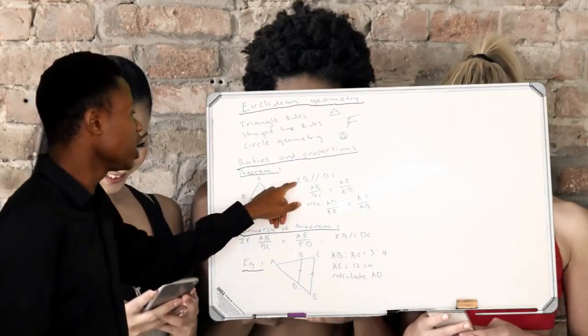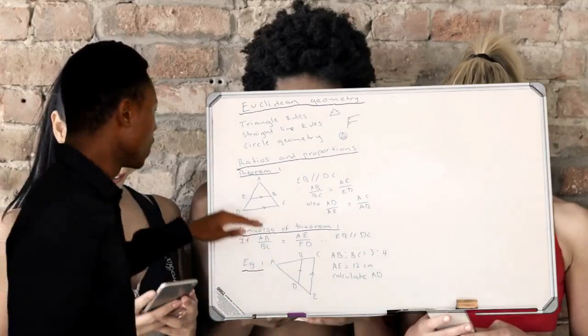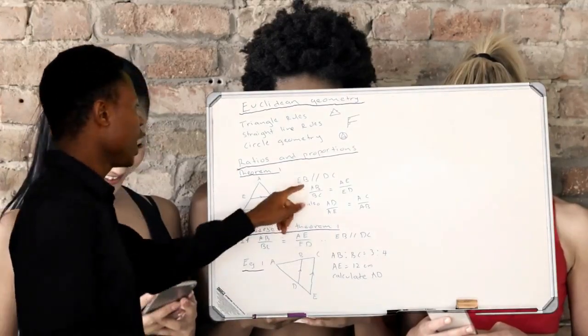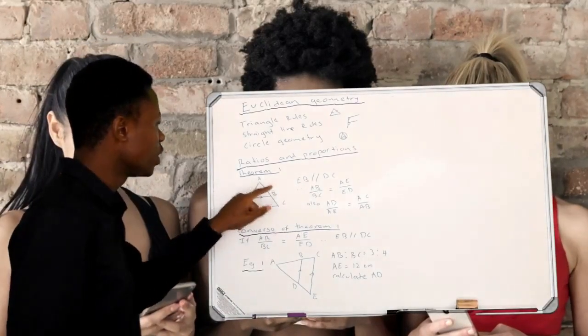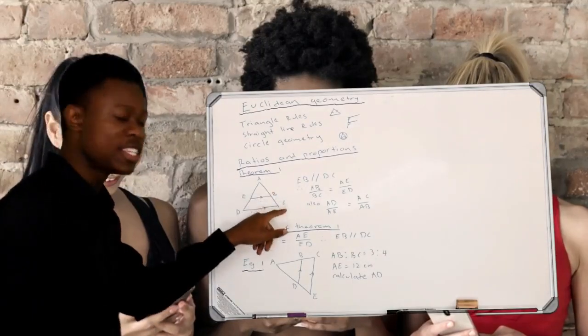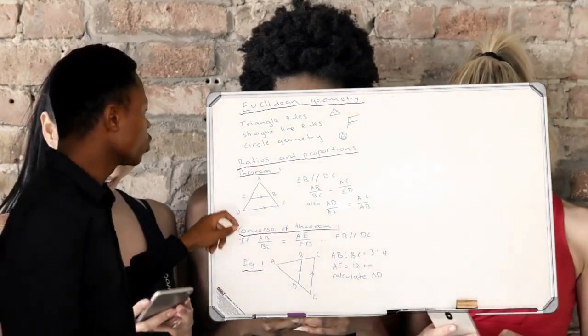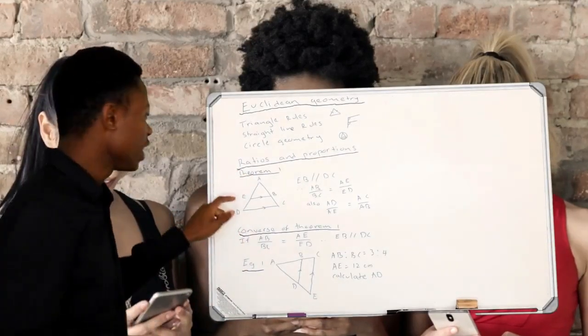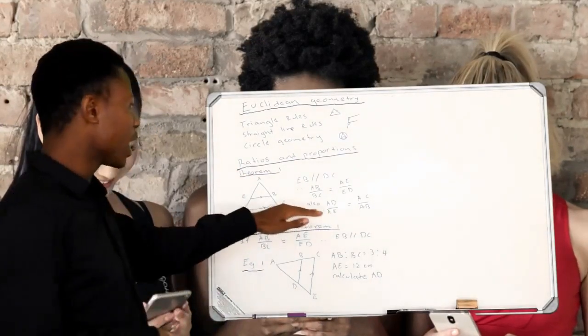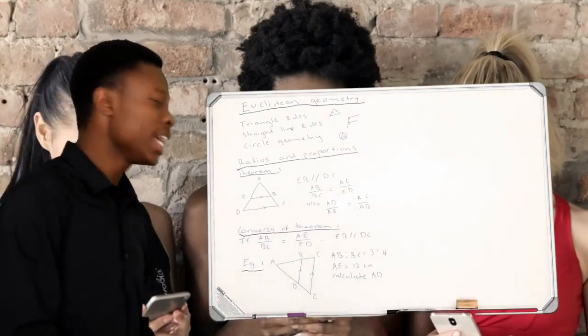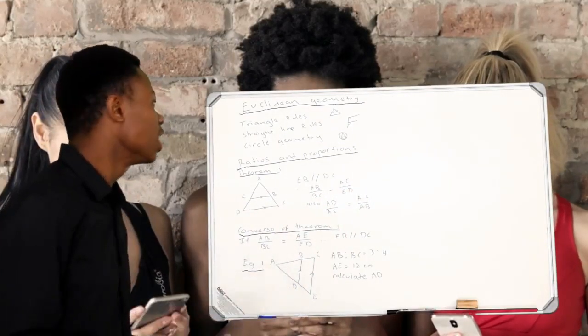So since EB is parallel to DC at the bottom, AB divided by BC is equal to AE over ED. What does that mean? It means that it's in proportion, right?